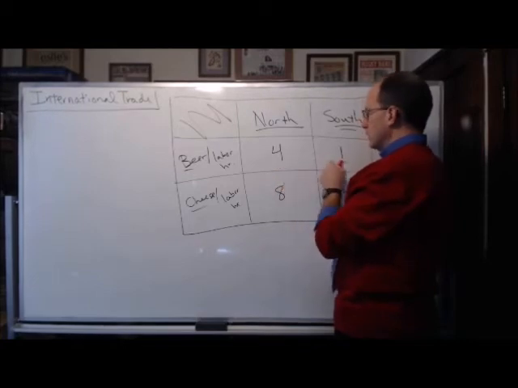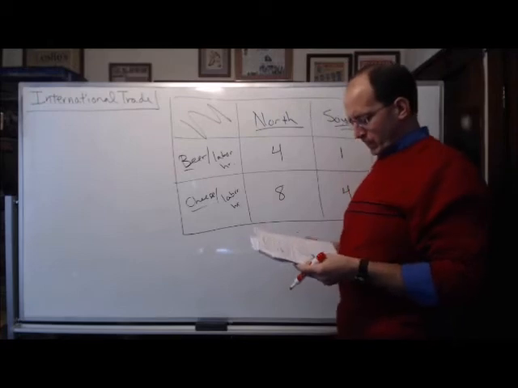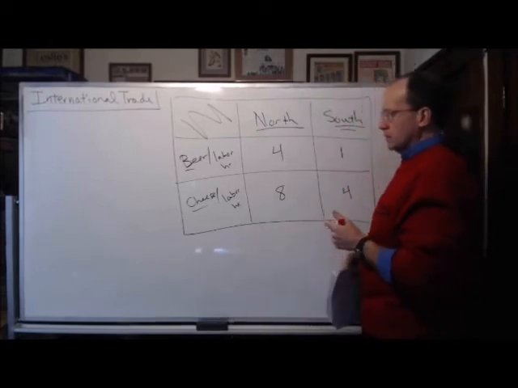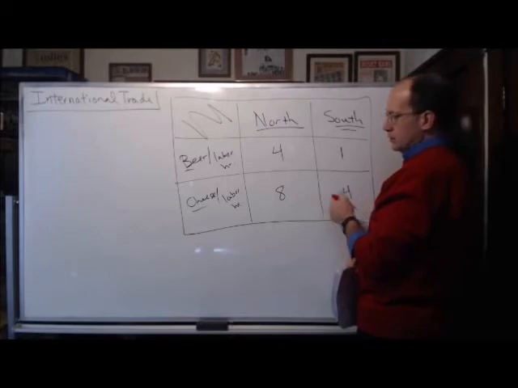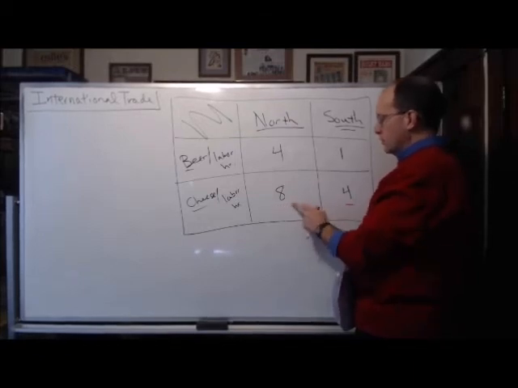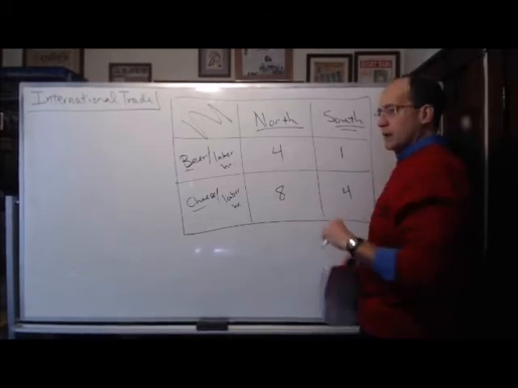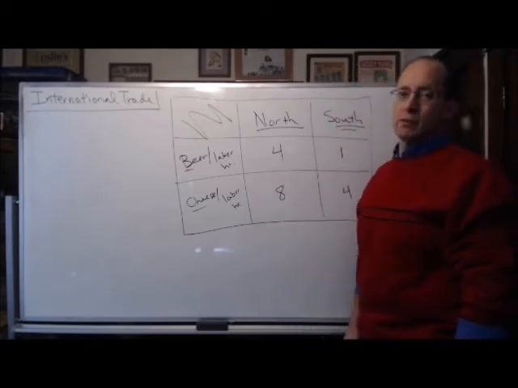So the North has an absolute advantage in making beer. Who has an absolute advantage in making cheese? This bottom row. Yeah, the North, because with a labor hour, they could make 8, and the South could only make 4 units of cheese. So the North is better at making cheese than the South. So the North has an absolute advantage in this example in both.